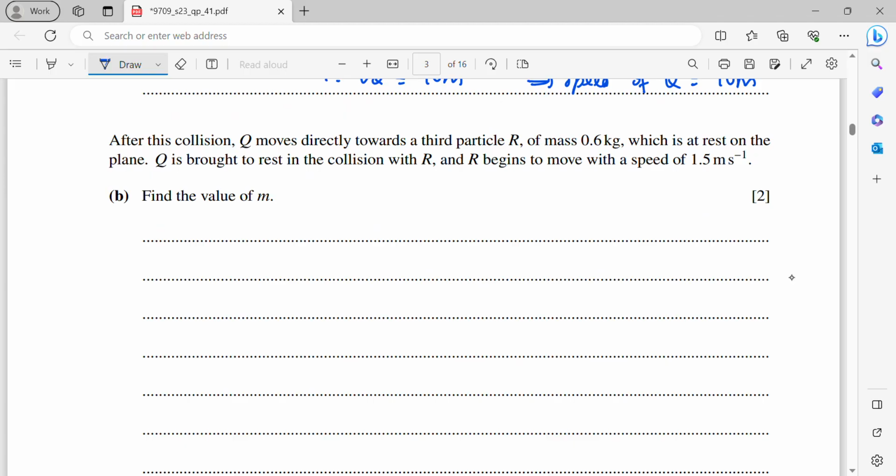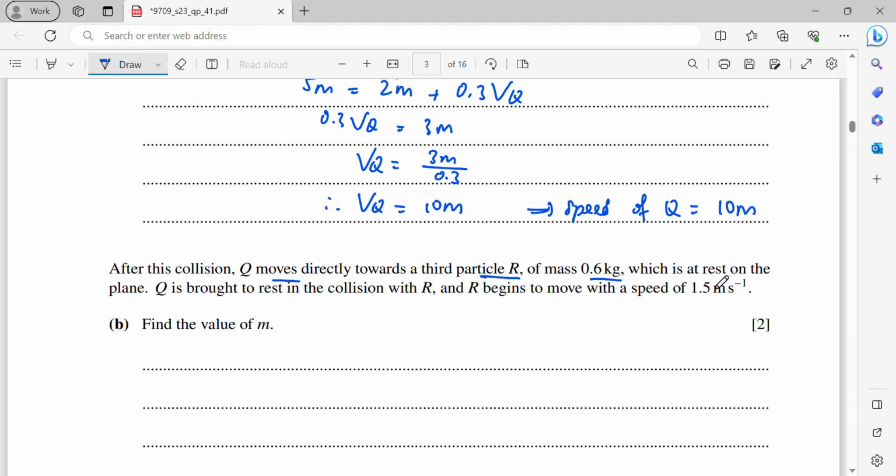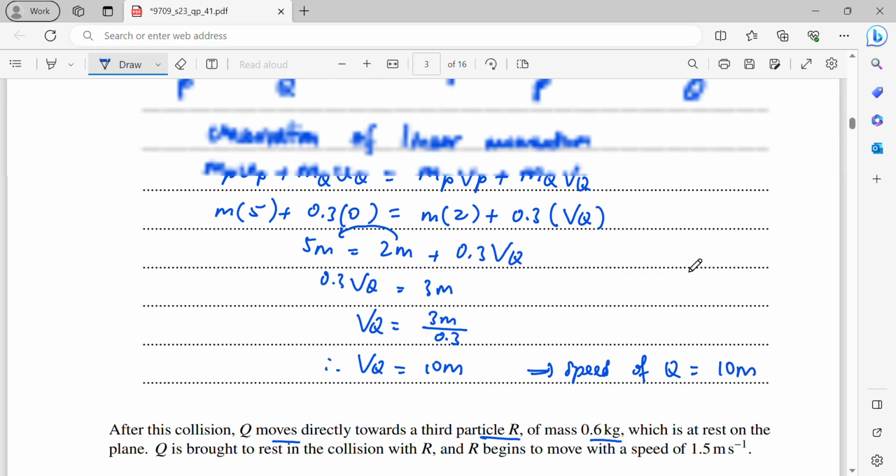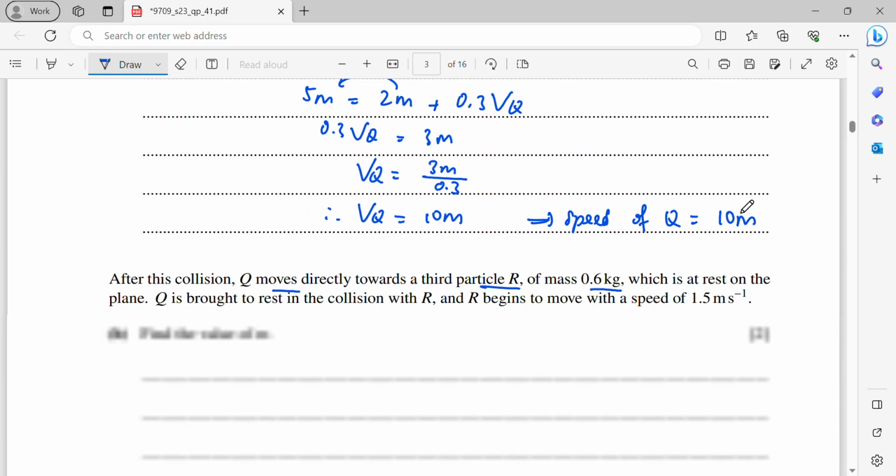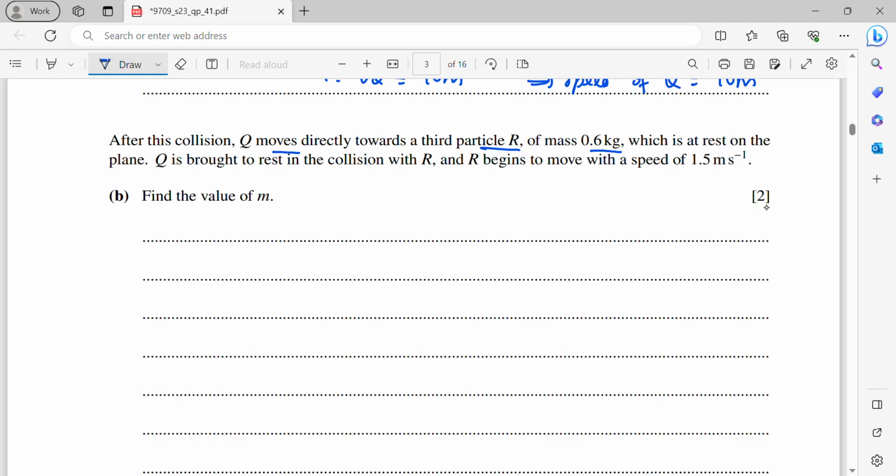Okay, now after this collision, Q moves towards a third particle, R, of mass 0.6 kilograms. From the previous part we know that Q is moving towards the right hand side, so it will keep moving towards the particle R, which is at rest on the plane. So this is Q, it is moving, and then this is R. The R is at rest, so UR is 0.